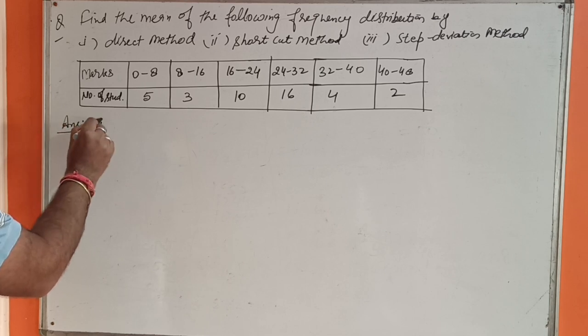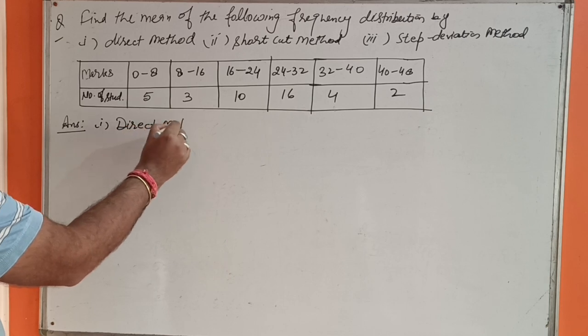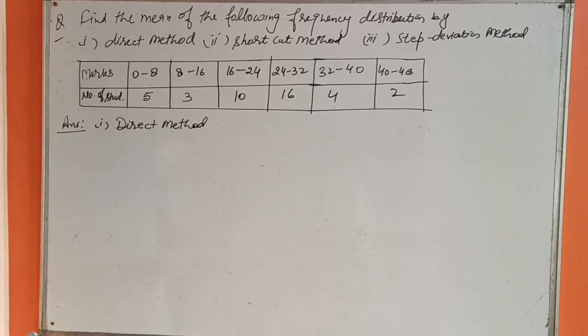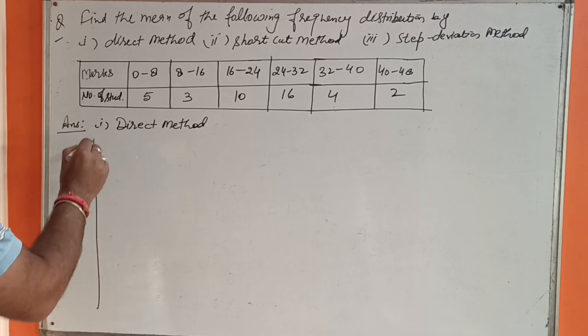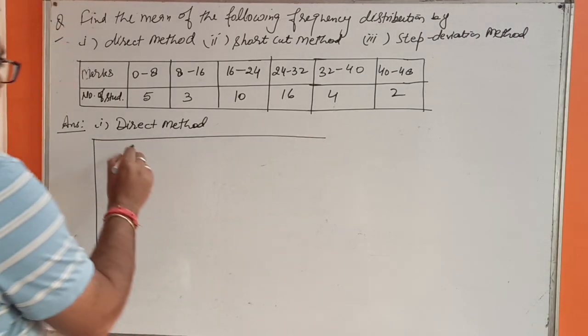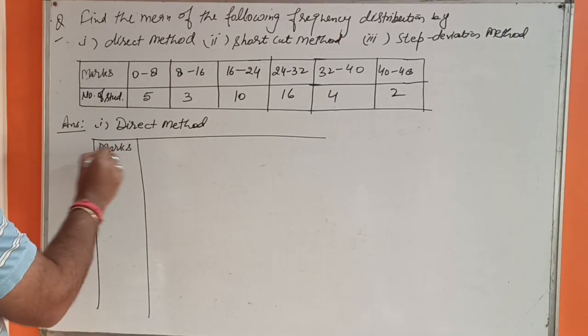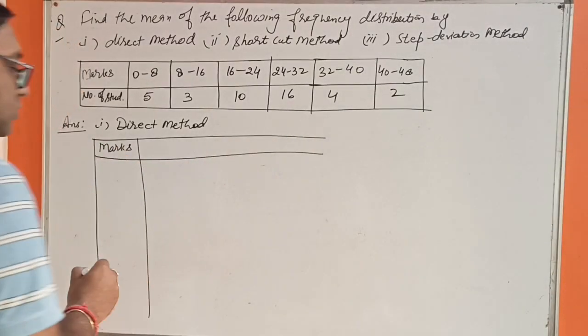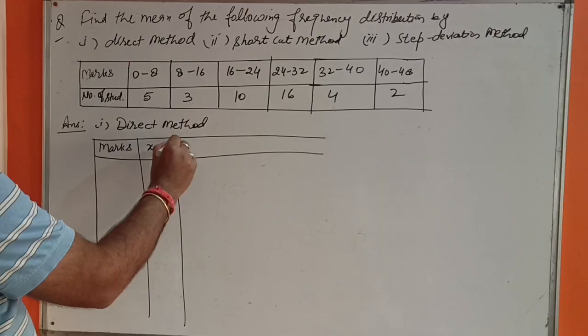So first, applying the direct method. As solved in the previous question, we solve this. There is a frequency distribution given, that is the marks. These are in class intervals, so first we have to convert them into the form of x.